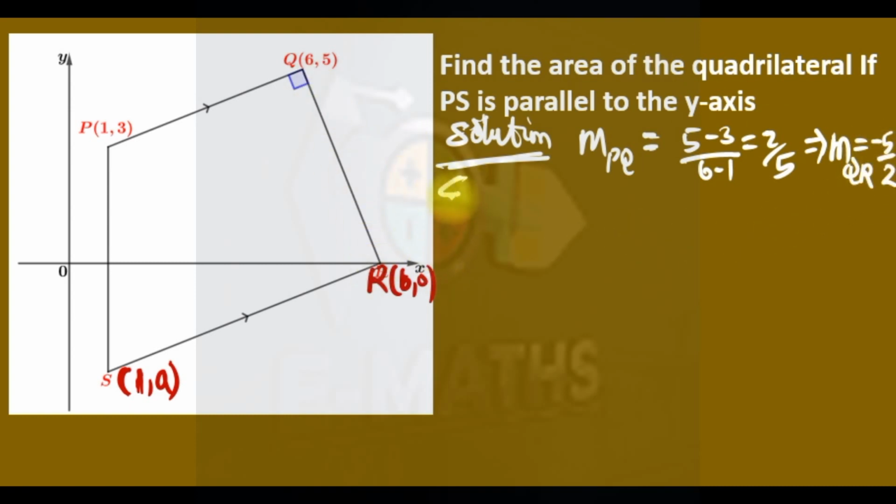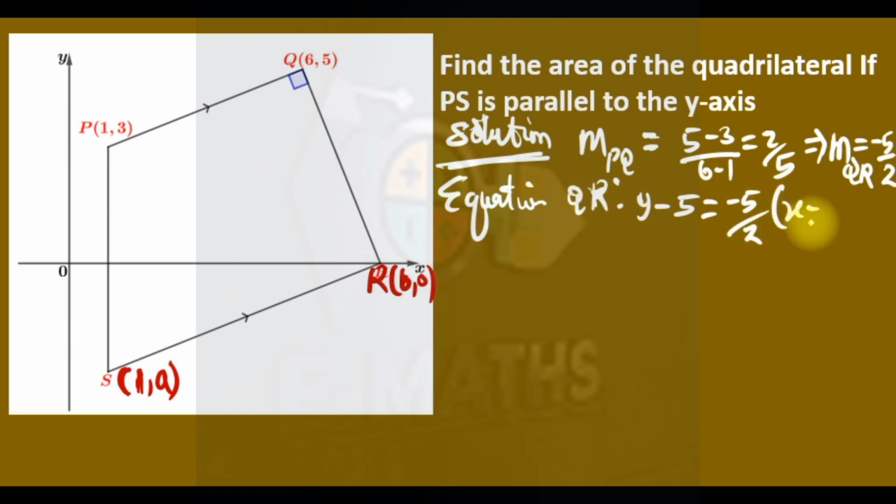So the equation of line QR, using point slope form, we have y minus y1, which is 5, equals the slope, minus 5 over 2, times x minus x1, which is 6. That's the point slope form of the equation of a line.